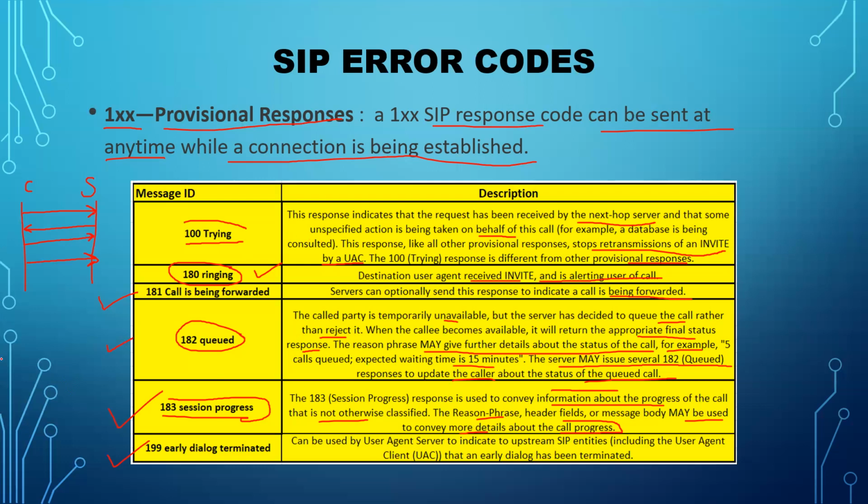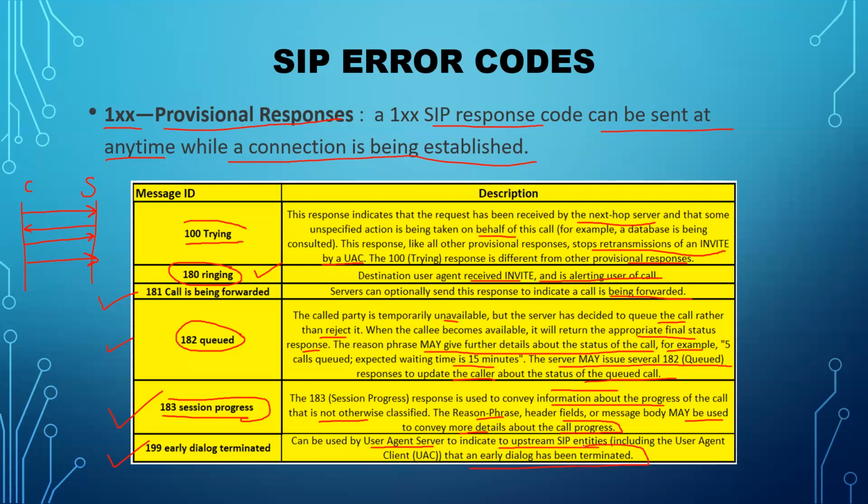Then we have the next one, that is 199 Early Dialog Terminated. It can be used by a user agent server to indicate to upstream SIP entities, including the user agent client, that an early dialog has been terminated.